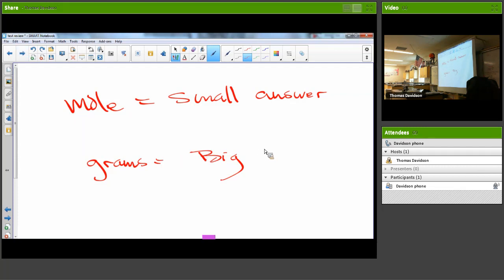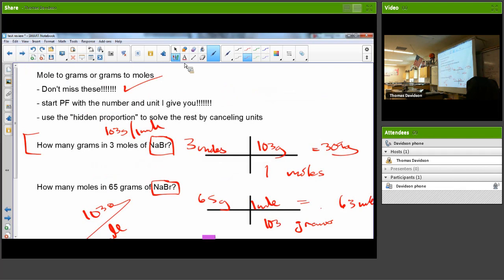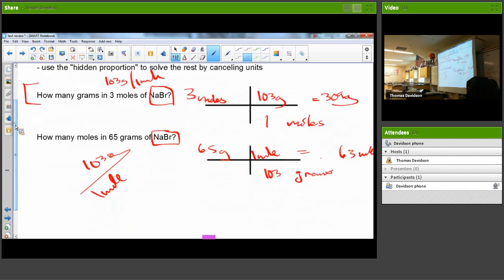So let's go back to the previous slide. Grams, I said big, right? Moles, I said small. This is what I mean. When you solve for grams, your answer must be bigger than what you're given. That makes sense, you're multiplying.